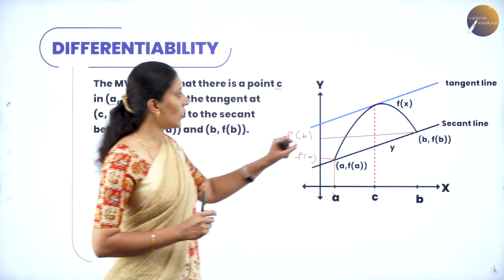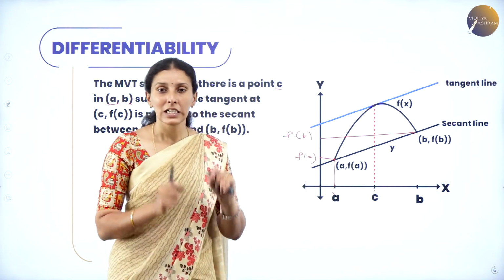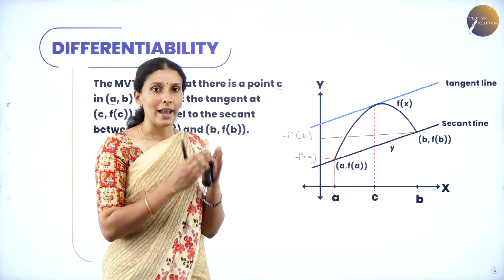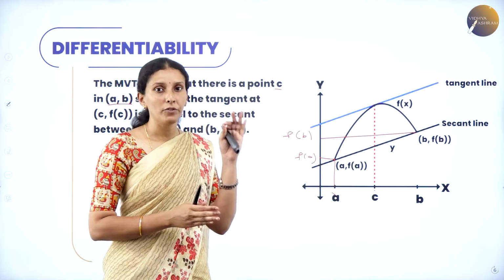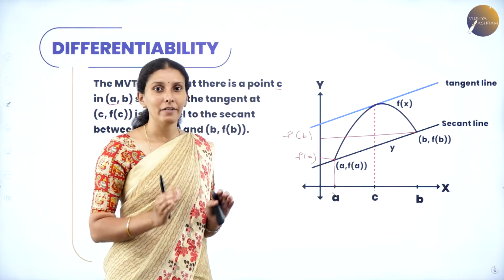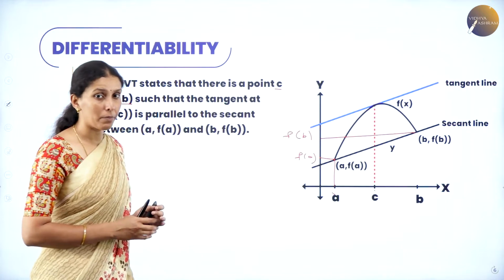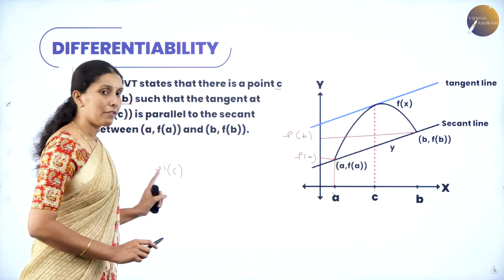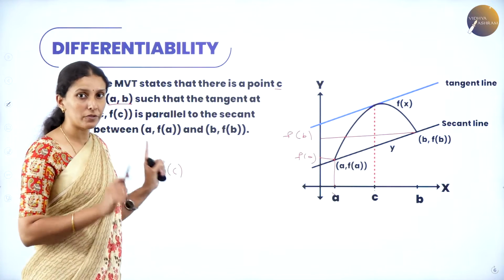And we know that the derivative of a function represents the slope of the tangent. When it is a tangent to the curve, the slope of the tangent denotes the derivative of the function at the given point. Thus it is given as f dash of c, which denotes the slope of the tangent.